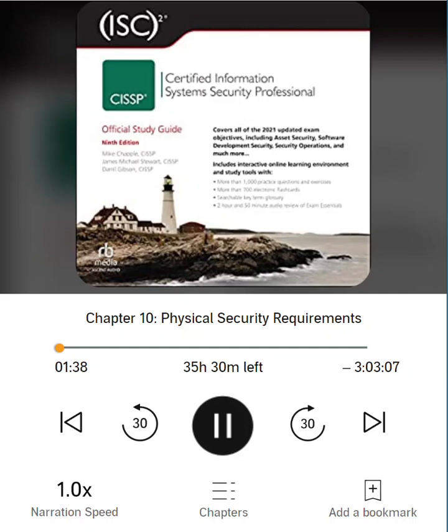The topic of physical and environmental security is referenced in several domains. The two primary occurrences are in Domain 3.0, Security Architecture and Engineering, and Domain 7.0, Security Operations.